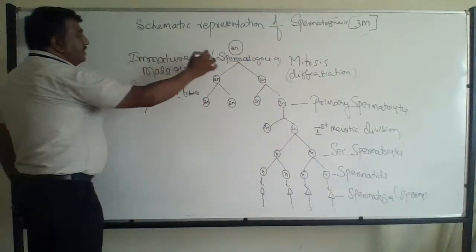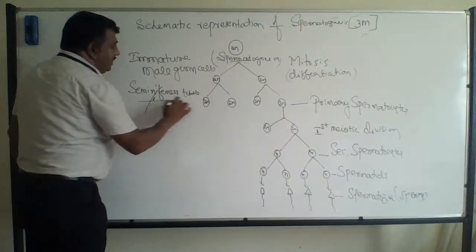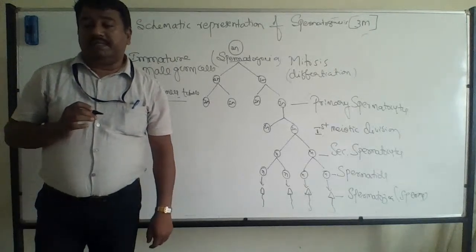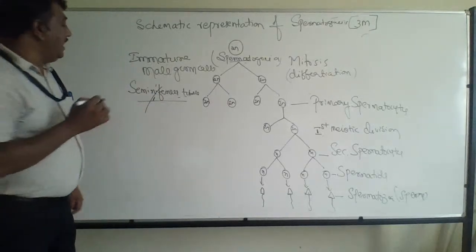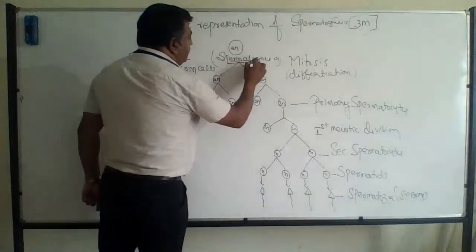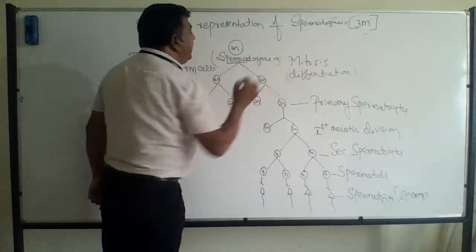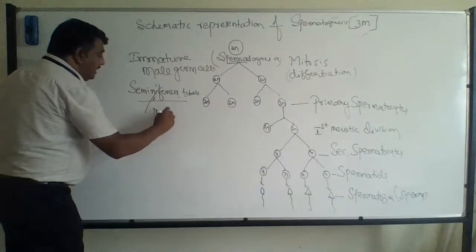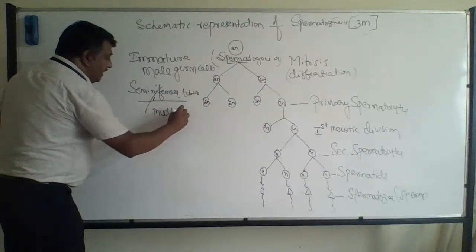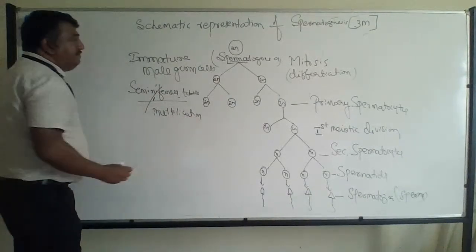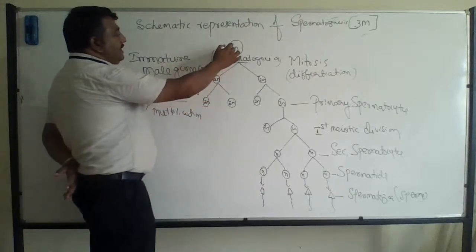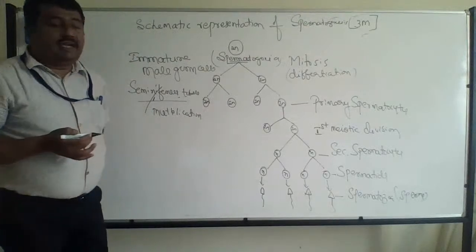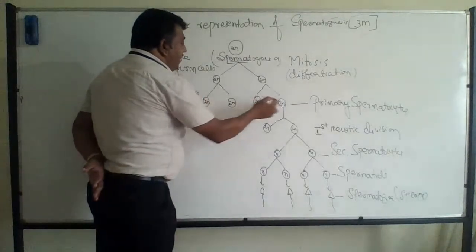In that, the spermatogonia are found on the inner side of the seminiferous tubule, and these spermatogonia undergo mitosis. You are all aware that mitosis is a multiplicational division. A single spermatogonia undergoes mitosis to form 2 cells, then 4.